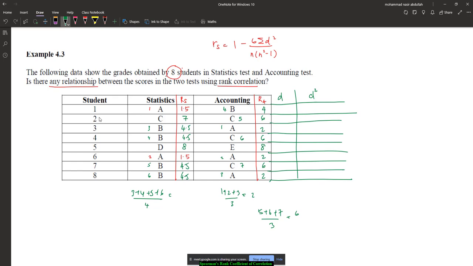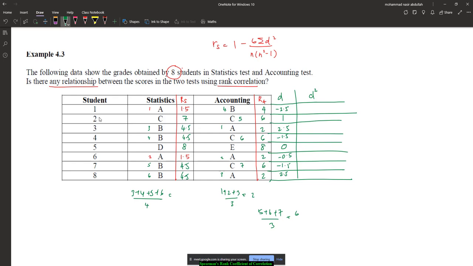Let's look at this one, Rs minus Ra. So 1.5 minus 4 is going to be negative 2.5. This is 1. This is 2.5. This is negative 1.5. 8 minus 8 is equal to 0. This is negative 0.5. This is negative 1.5. And the last one is 2.5.